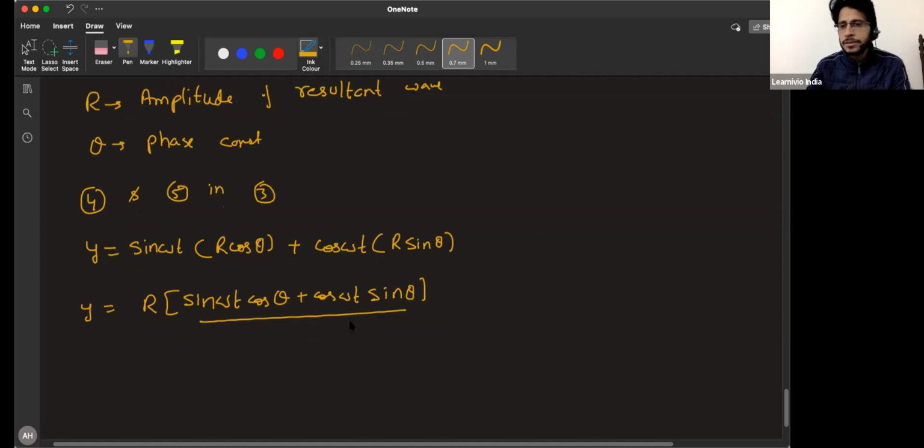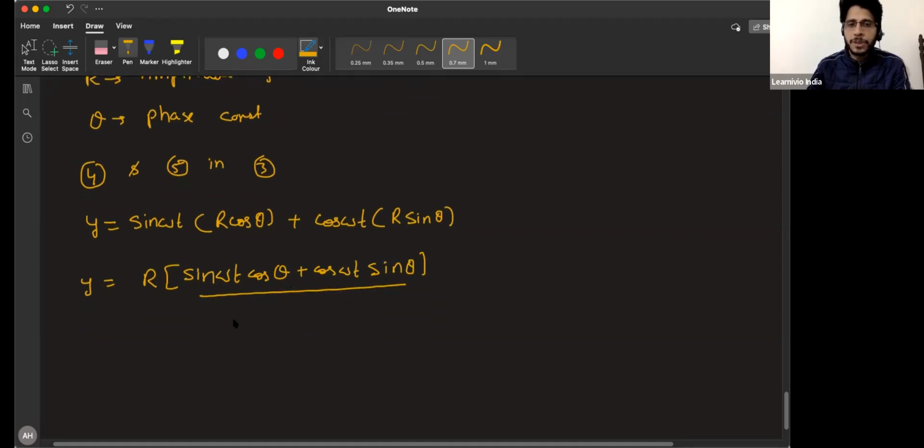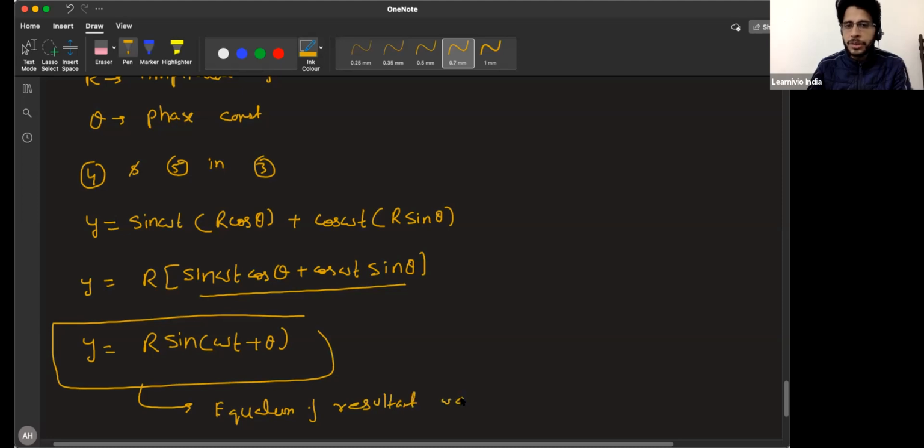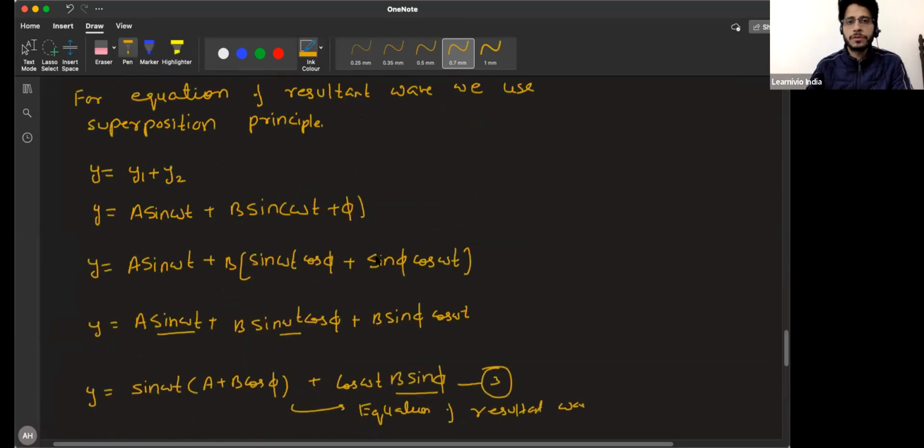Next, this is the expansion of sine omega t plus theta. So you can write this as sine of omega t plus theta. This is the equation of the resultant wave. When I say resultant wave, that means the wave obtained after superposition of two waves.